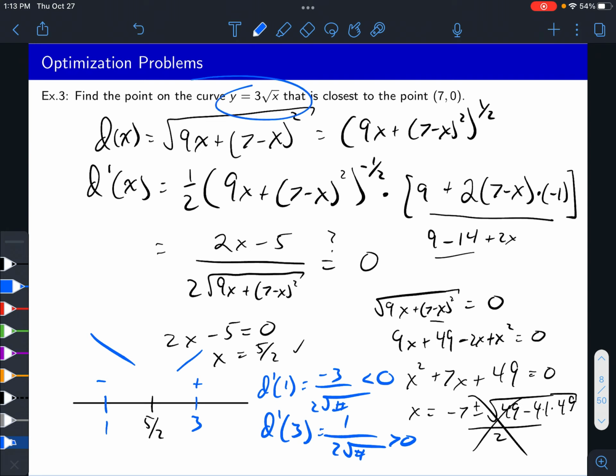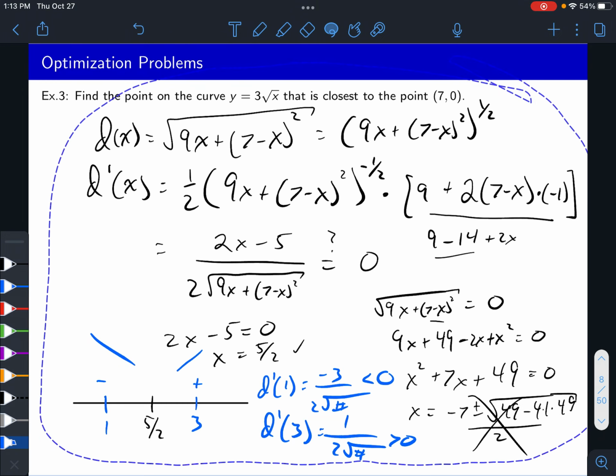So the x value that is going to get us there is 5 halves. What would the point itself be? Because remember, a point is just an x value combined with a y value.